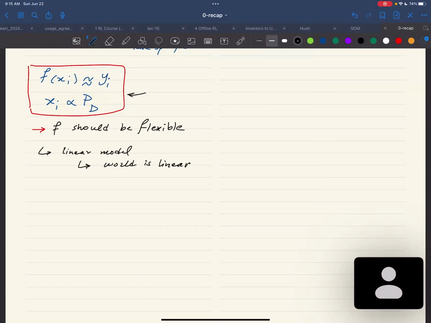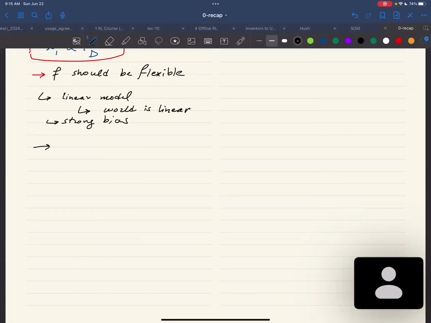We will call this situation a high bias situation, where we are very off from the real data. The model is simple, so it will have low variance, but of course, this strong bias is not desirable. In deep neural networks, we have a weak bias, meaning that f is much more flexible.